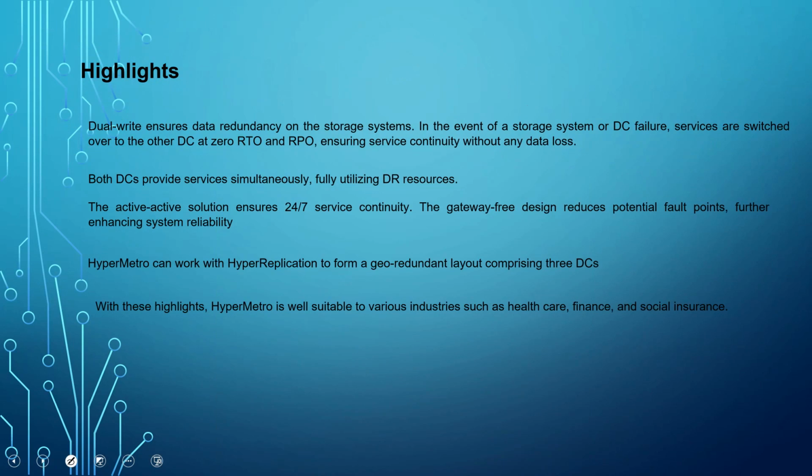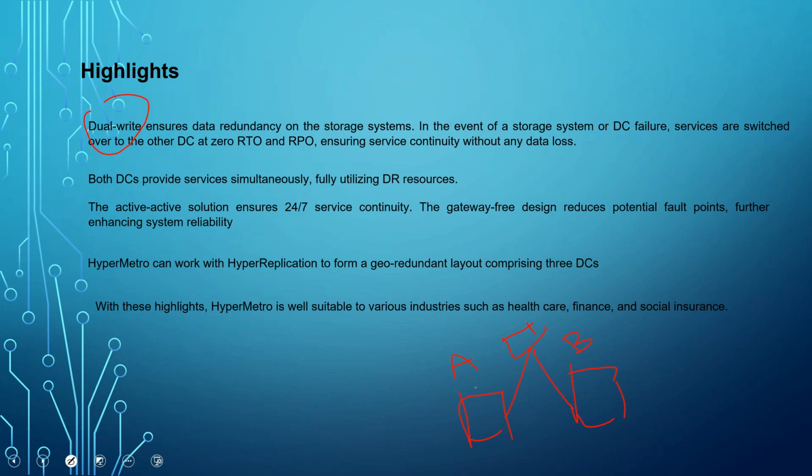These are some highlights, as we discussed, that there's a dual write. For example, you have storage A and storage B, and the user is here. So it is called dual write. We are writing on both storages because it is active. Both storages are synchronized completely.